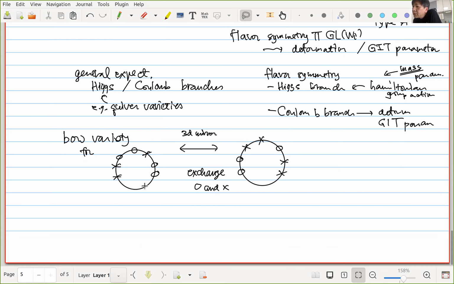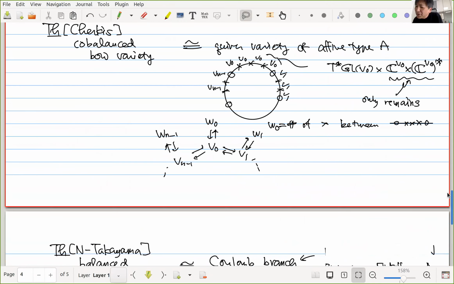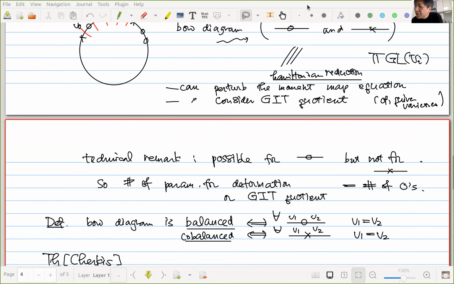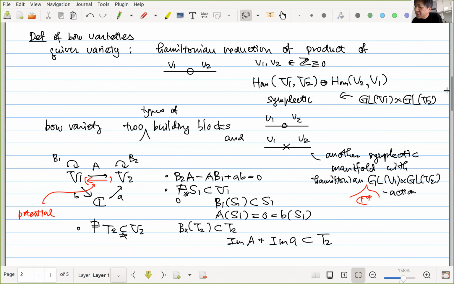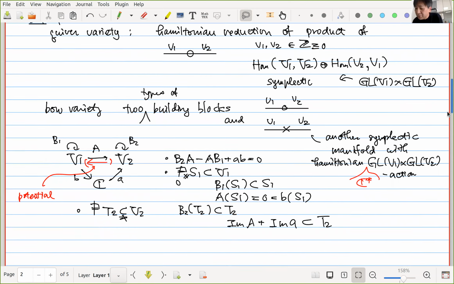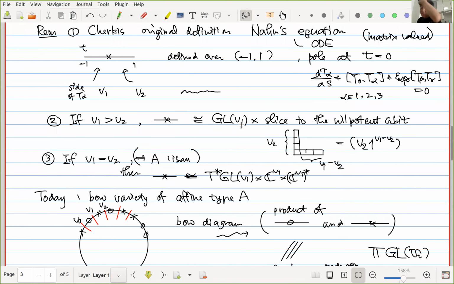So is it clear? No, it's not clear for me. It's not clear why they're exchanged in this way. Of course, if you go back to the definition, one is using a symplectic vector space like this, and the other is a bit more complicated, a product of a generic slice and a slice.